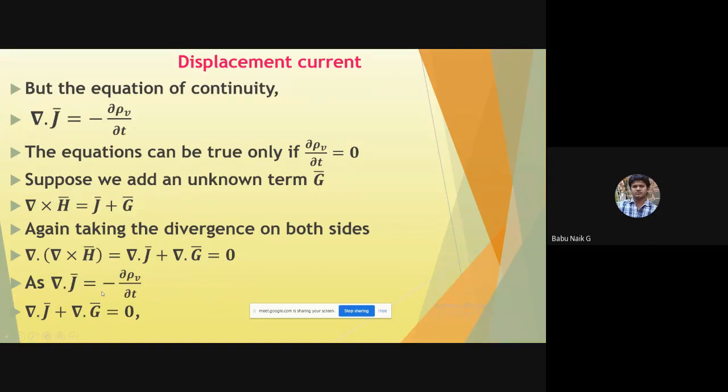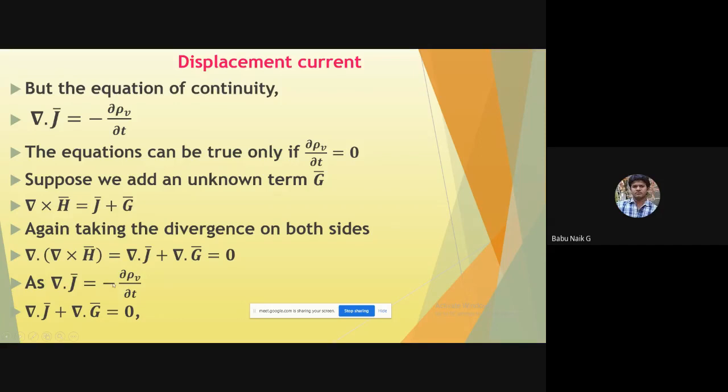Now from the continuity equation, del dot J bar is equal to minus dou rho v by dou t. Now you can take the condition del dot J bar plus del dot G bar is equal to 0.